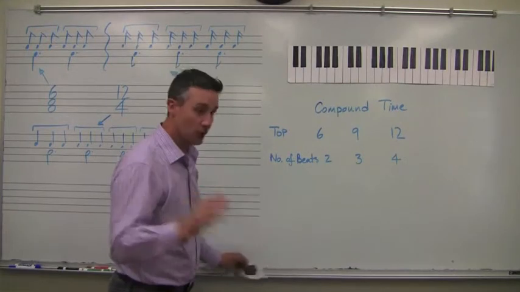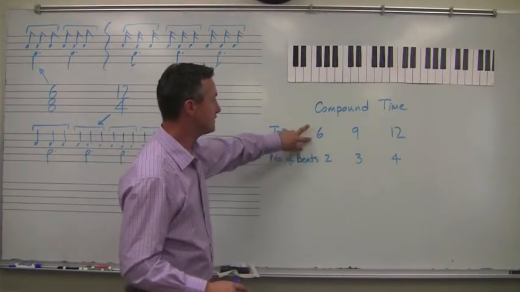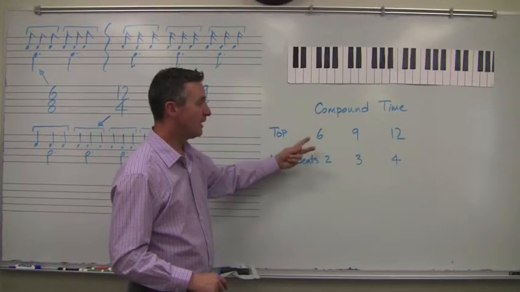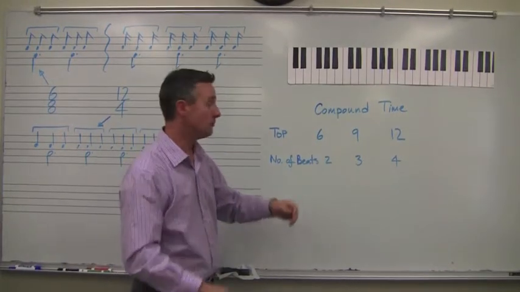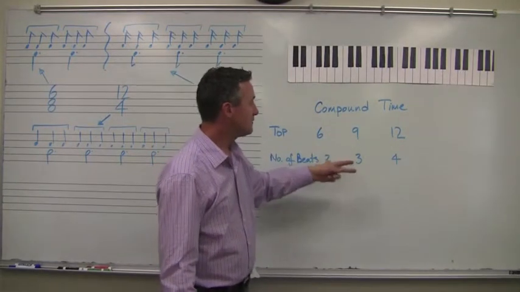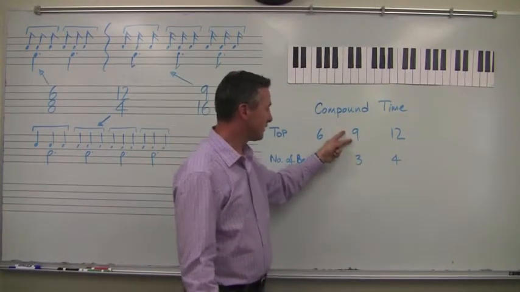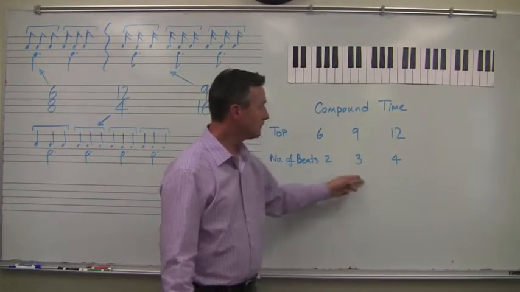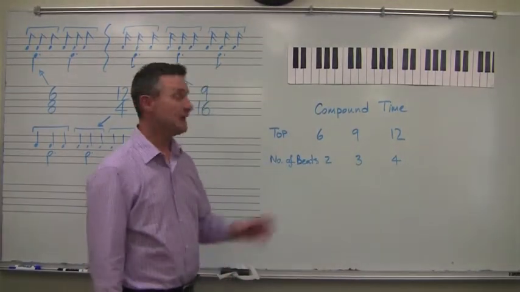To understand that, you need to first know that 6, 9, or 12 is the top number, and that 6 means there are 2 beats. You divide it by 3 because the beat is divisible by 3, and you end up with 2. Divide 9 by 3, it becomes 3. Divide 12 by 3, you get 4. So 2, 3, or 4 beats in each of these.